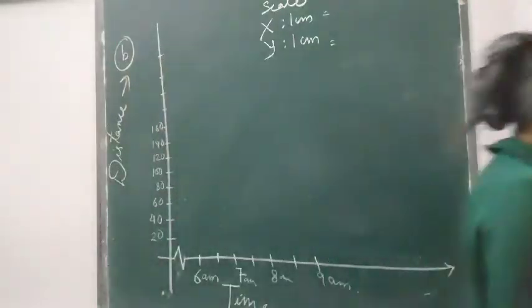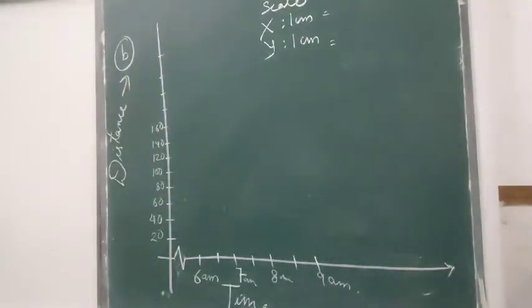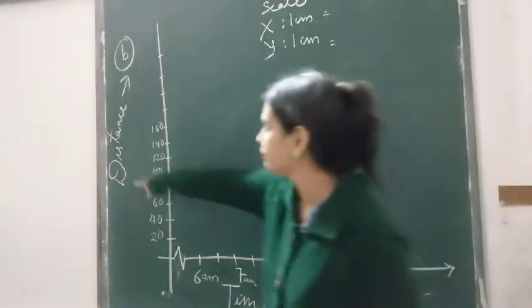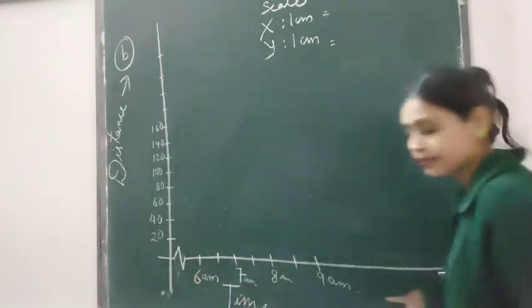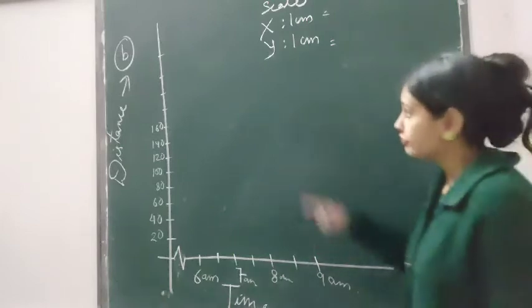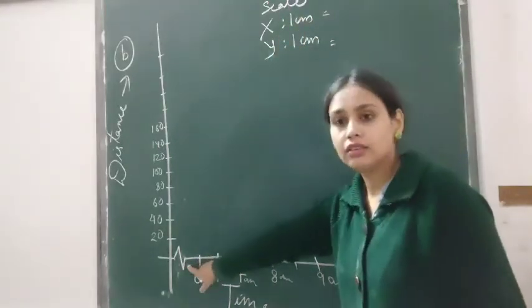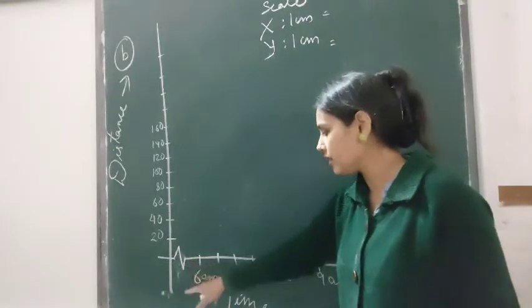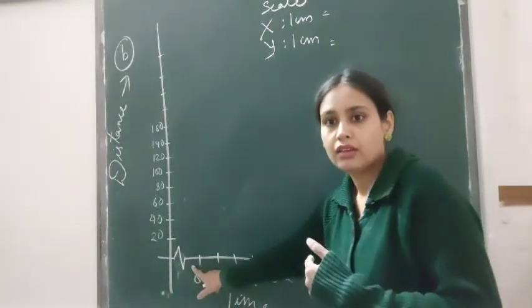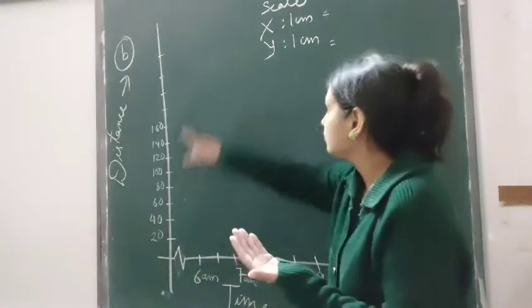Here, this is the distance travelled by a car. So this is the distance, children, and this is the time taken, okay? So we write the scale for the x-axis. I have drawn the jagged line here. Jagged line means we are not showing the time before 6 am.